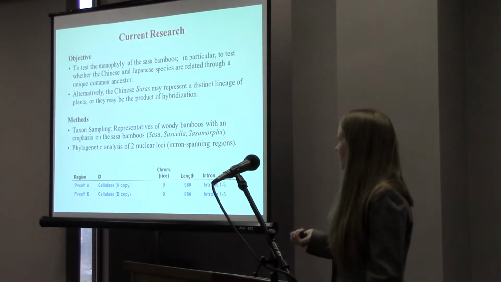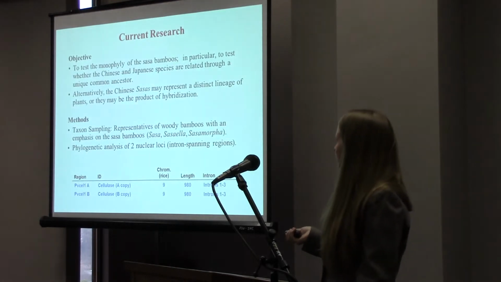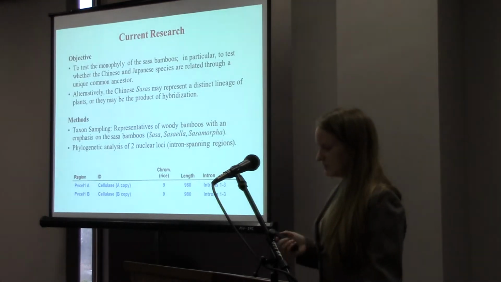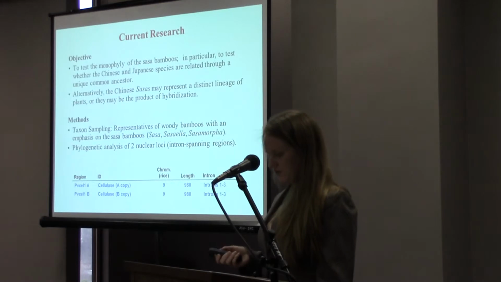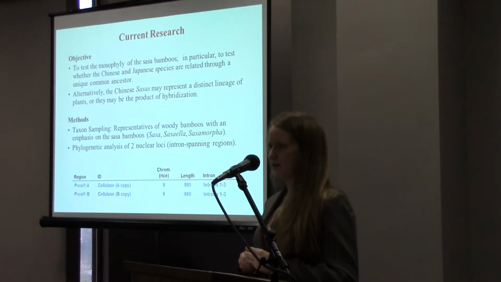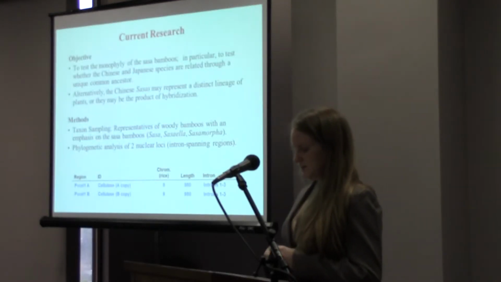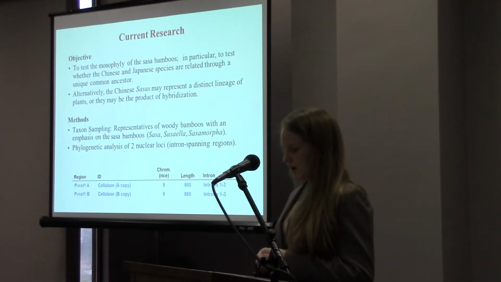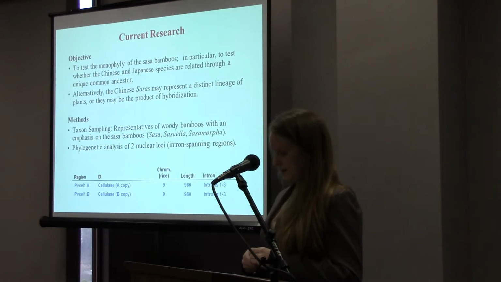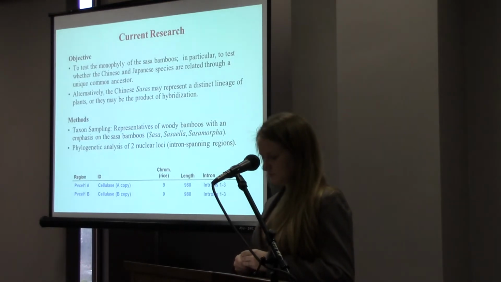So the objective of the current research was to test the monophyly of Sasa bamboos, in particular to test whether the Chinese and Japanese species are related through a unique common ancestor. Alternatively, the Chinese Sasas may represent a distinct lineage of plants, or they may be the product of hybridization.